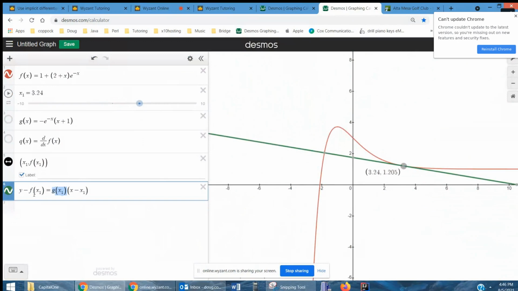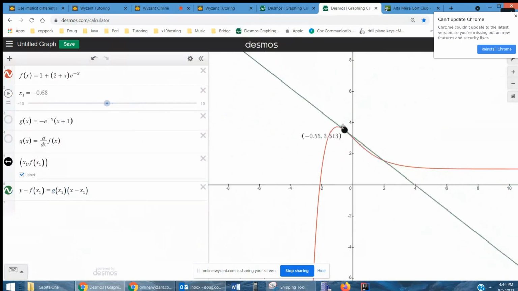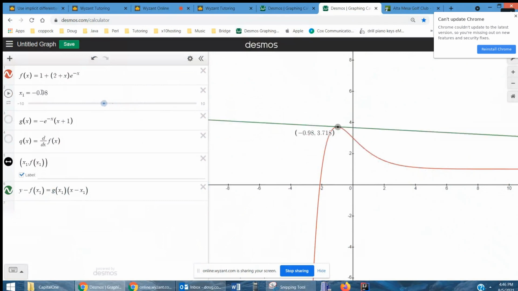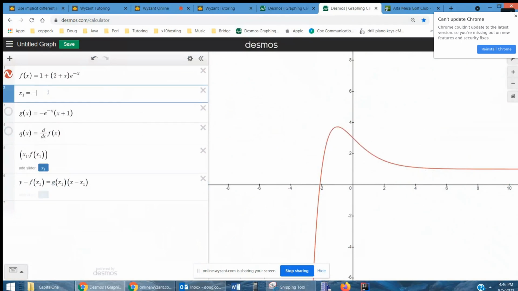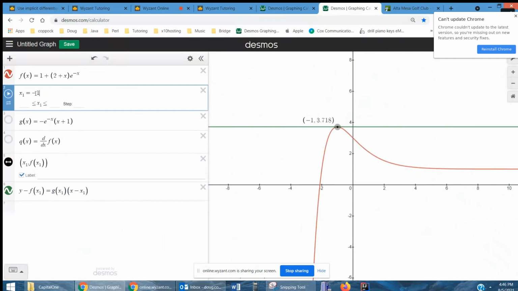And x sub 1, f of x sub 1 are the x and y coordinates of a point on the graph. Okay, so right here, when x is negative 1, the slope is 0. And I get this horizontal line, and guess what? This 3.718 is e plus 1.